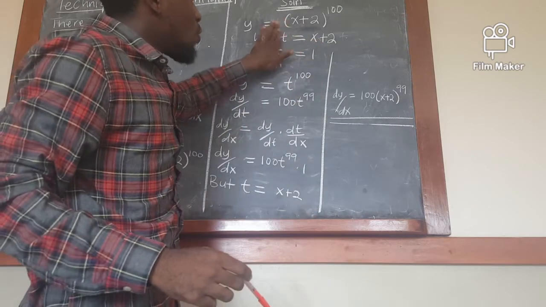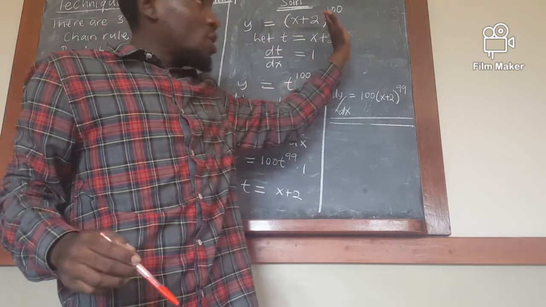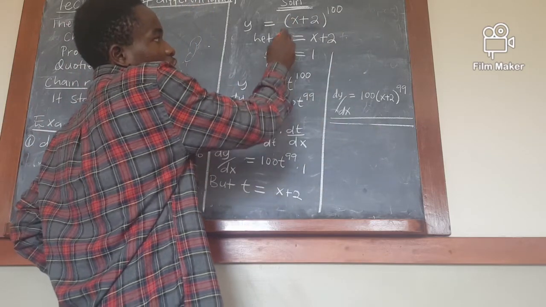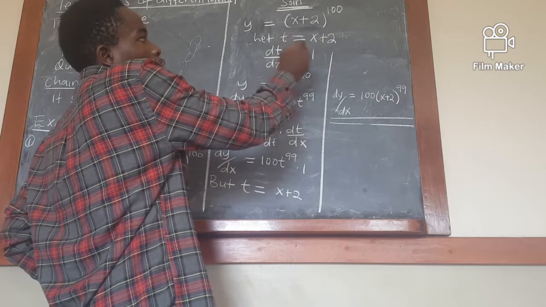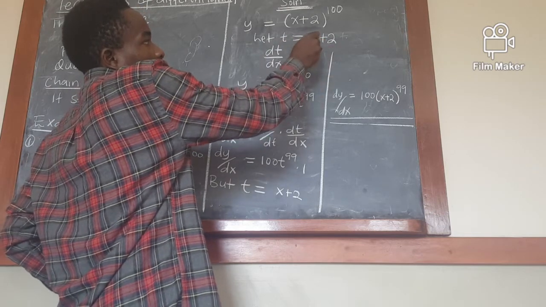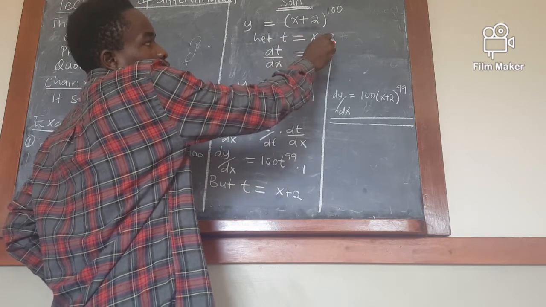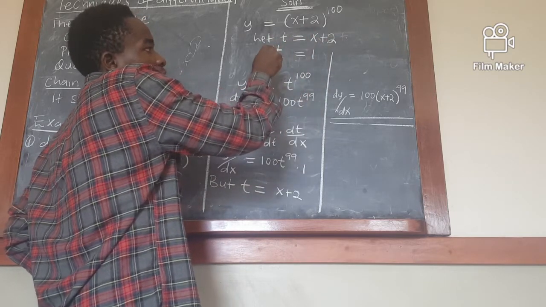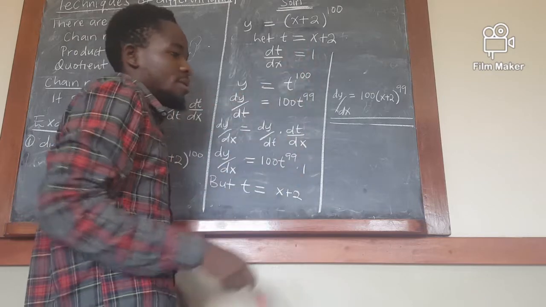Differentiate what is on this side in respect to what is on this side. So it will be dt dx. The change in t over the change in x, we differentiate this. We get 1. This one is a constant, 0. We differentiate this, we get 1. So dt dx is equal to 1.